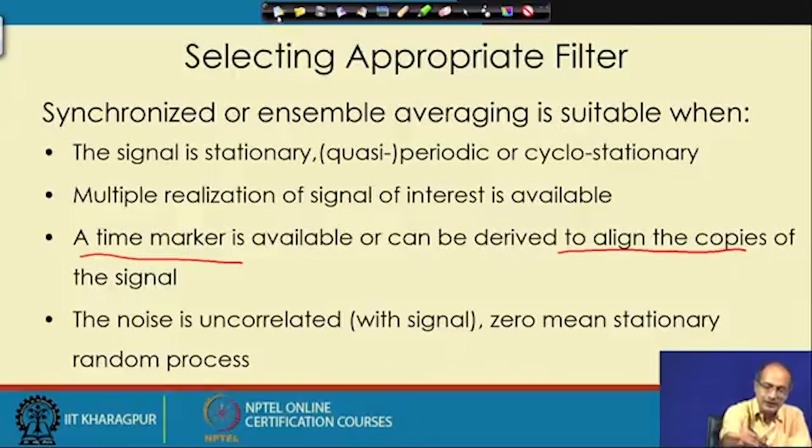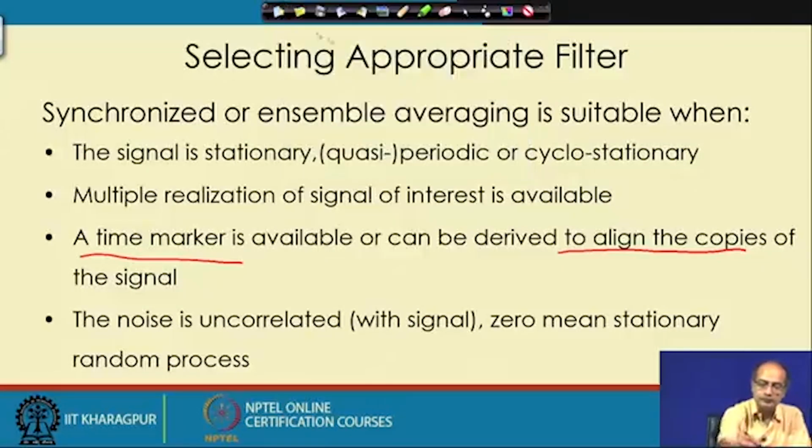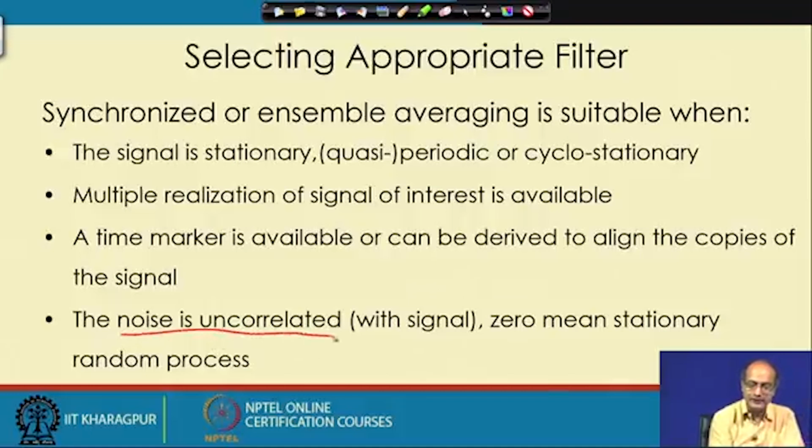The next assumption that we have to meet is that the noise is uncorrelated with the signal. The noise that we are trying to remove from the signal of interest is uncorrelated with the signal, and it is also a zero mean stationary random process.